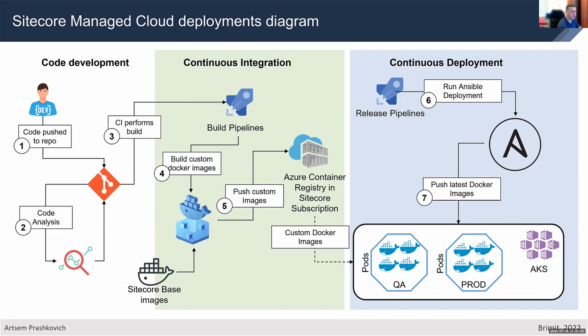And then we have deployment pipelines also running in the Sitecore subscription, where we have access as developers. So all developers that are working on the project and require this access will get it. We just need to create a new support ticket to Sitecore, asking them to provide access for some people.